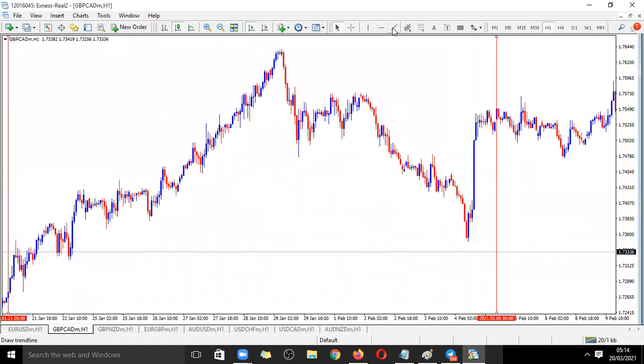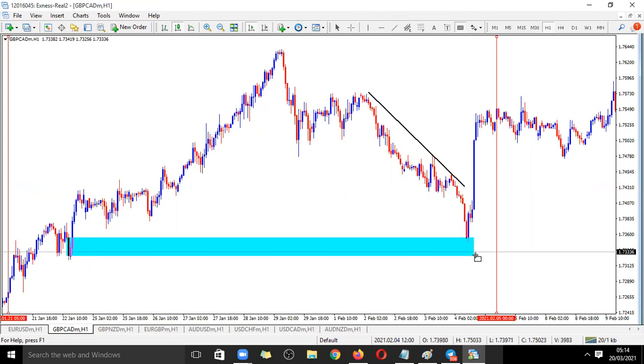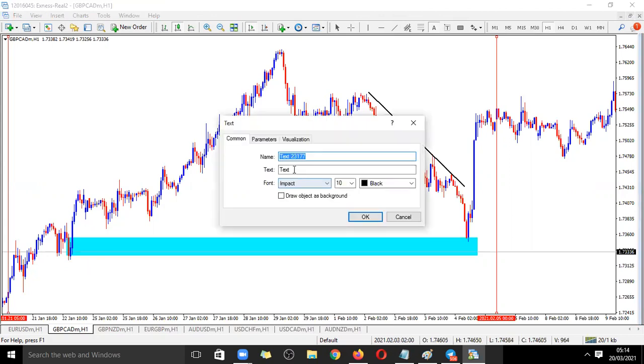Now, just see what we have here. We had a compression that formed, and the price was compressing towards a decision point right below there. So here's our compression, stroke accumulation.